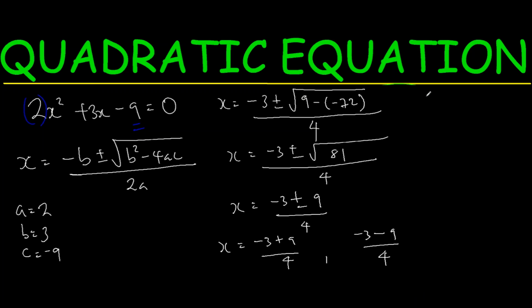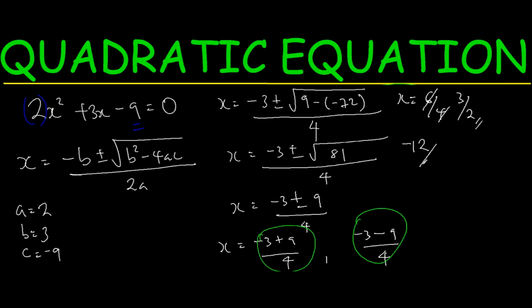Simplifying this one first, minus 3 plus 9 gives us 6. x is equal to 6 over 4, which is equal to 3 over 2. And for our second side, we have minus 3 minus 9, which is minus 12 over 4. This gives us minus 3, and x is equal to minus 3.